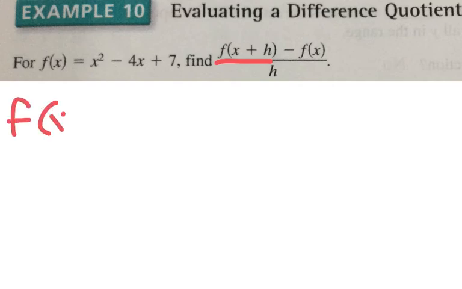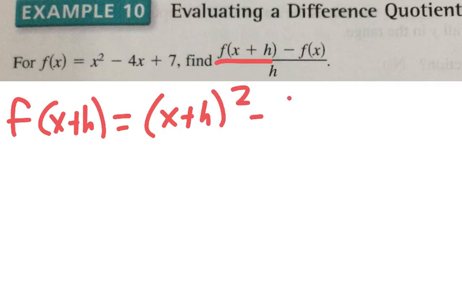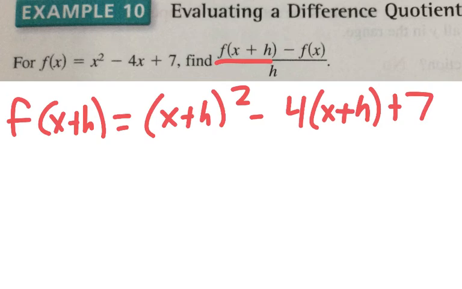So f of x plus h is going to be equal to x plus h squared minus 4 times x plus h plus 7. Any questions so far about what I've done? I plugged in x plus h where x used to be. So this, in red, is the red part of my formula.